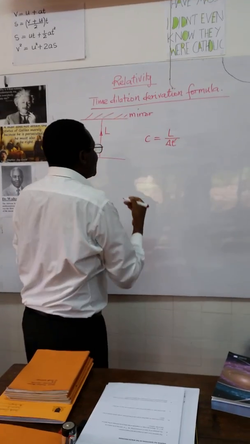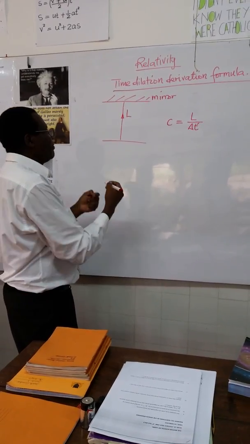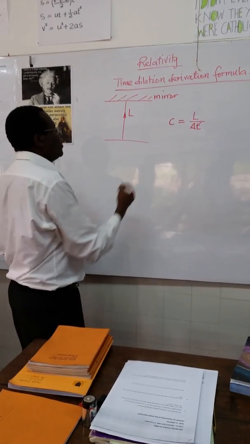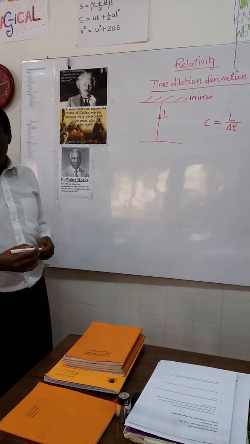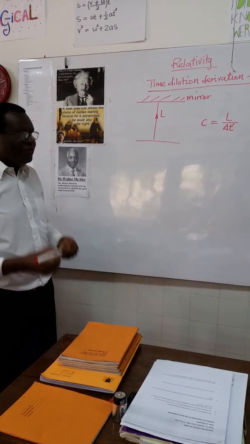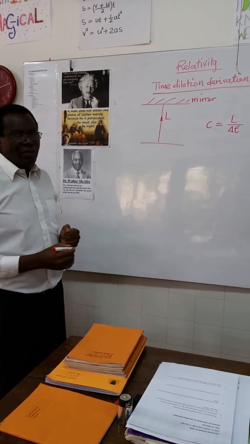So going is one event and coming back is the other event, and if that happens in the same spot, we say that is the time interval taken, as observed by a stationary observer here.